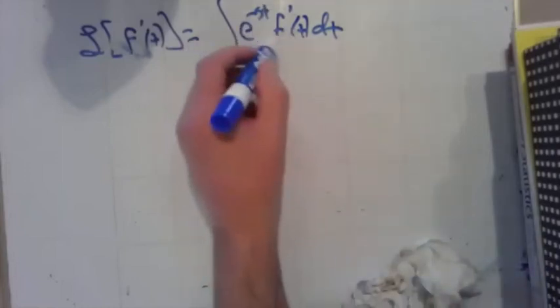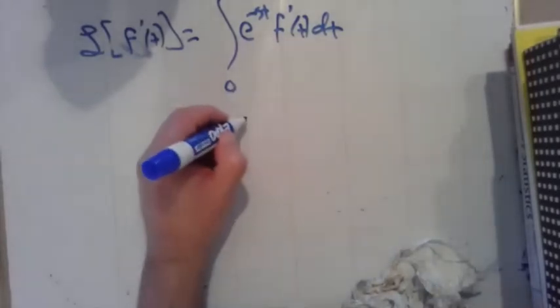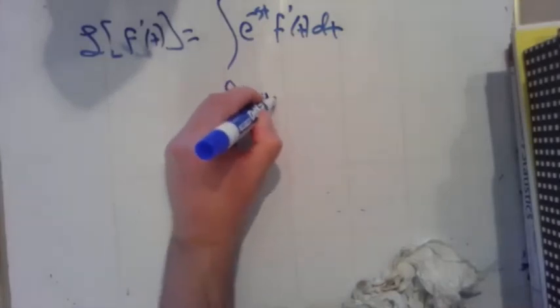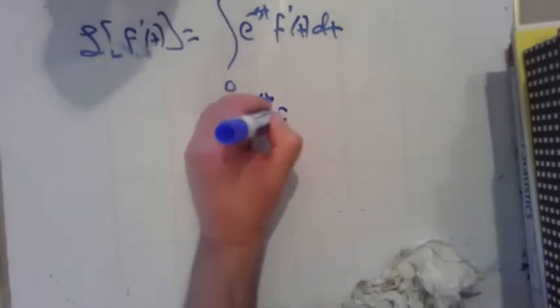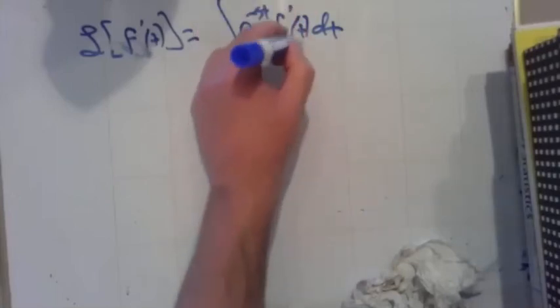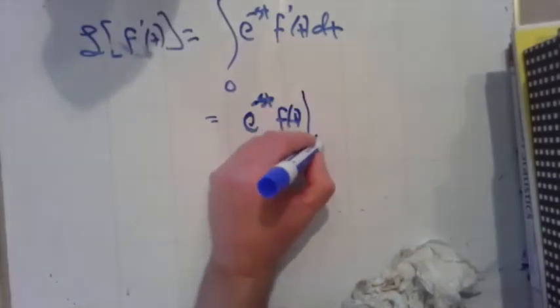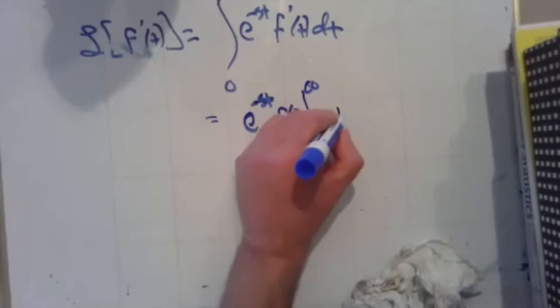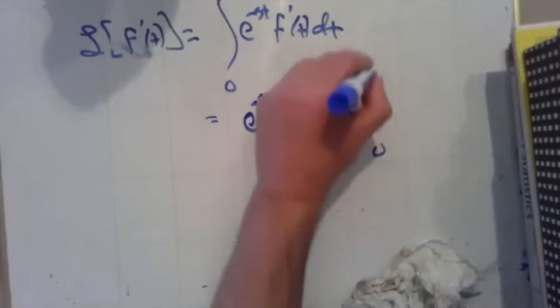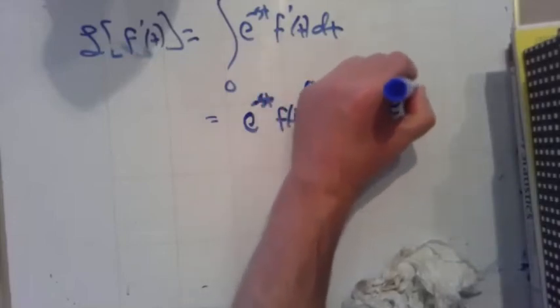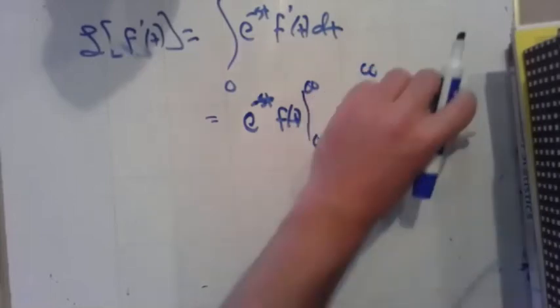I'm not going to go through all the details here, but you guys should check this. That is e to the negative st f of t, from 0 to infinity. Now for f prime, I took the antiderivative of this one and the derivative of that one, plus s times the integral from 0 to infinity of e to the negative st f of t dt.